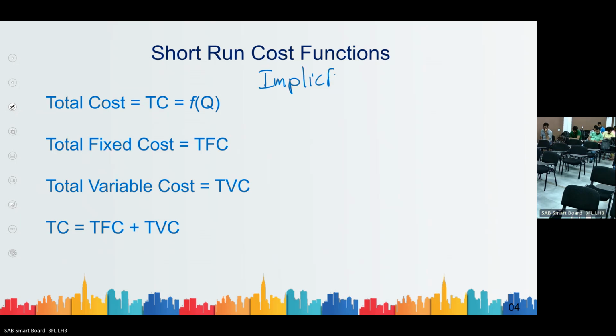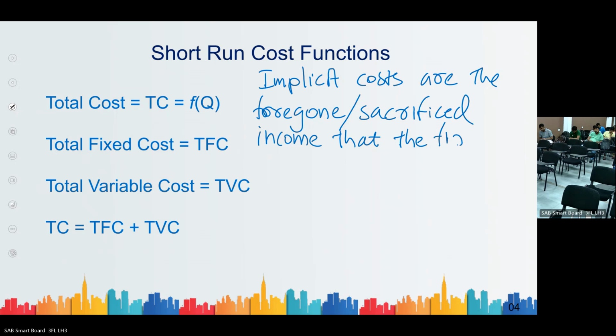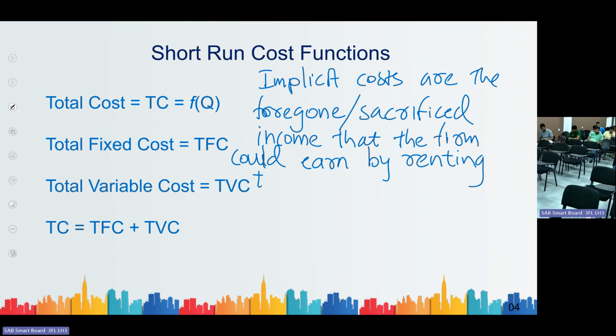Implicit costs are the foregone or sacrificed income that the firm would earn by renting the owned inputs to outsiders.